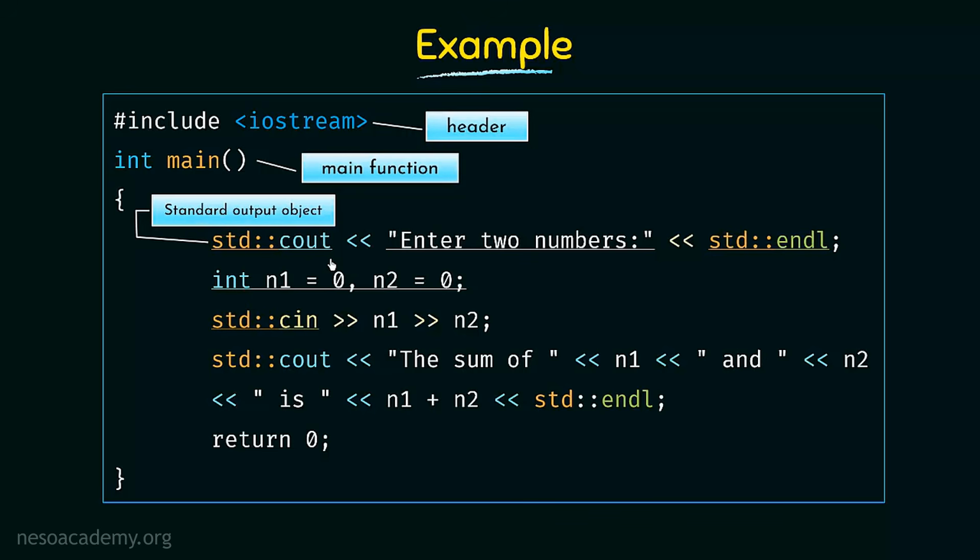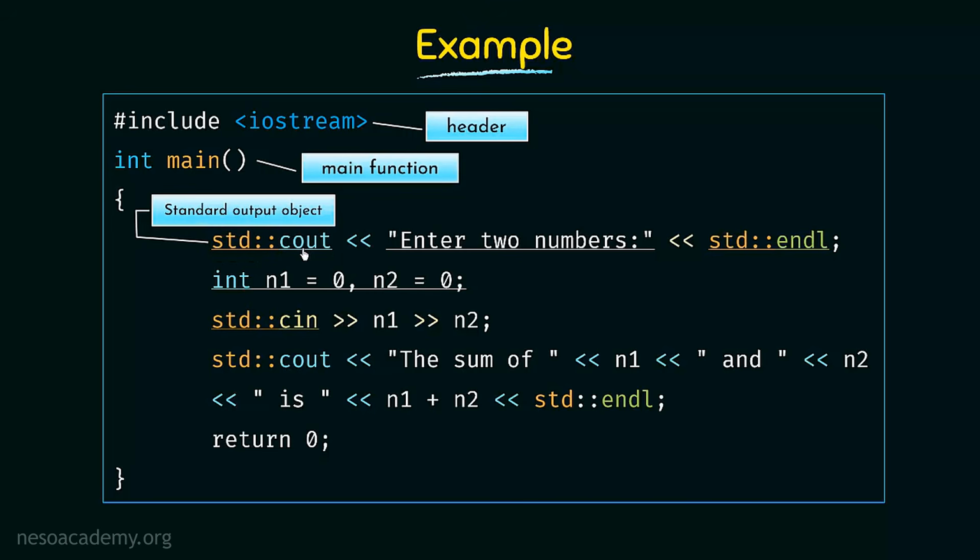So this cout is actually present within the standard library. So we are telling it to use the cout that is present in the standard library. And this double colon that we see here is known as the scope operator. So we are telling it to use the cout that is within the scope of the standard library.